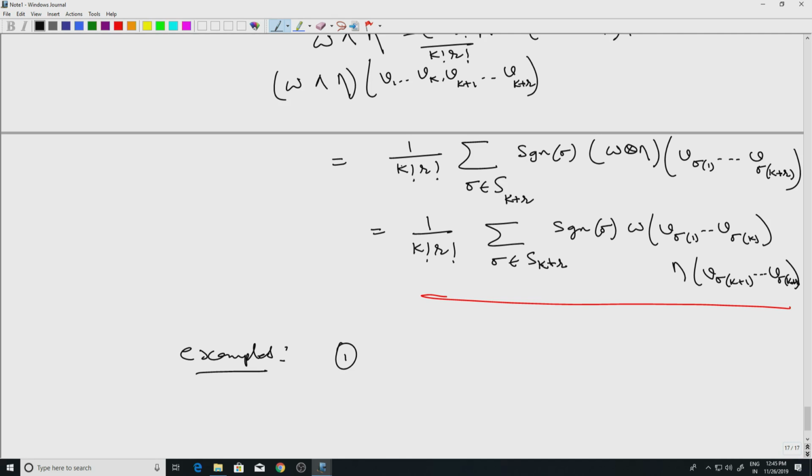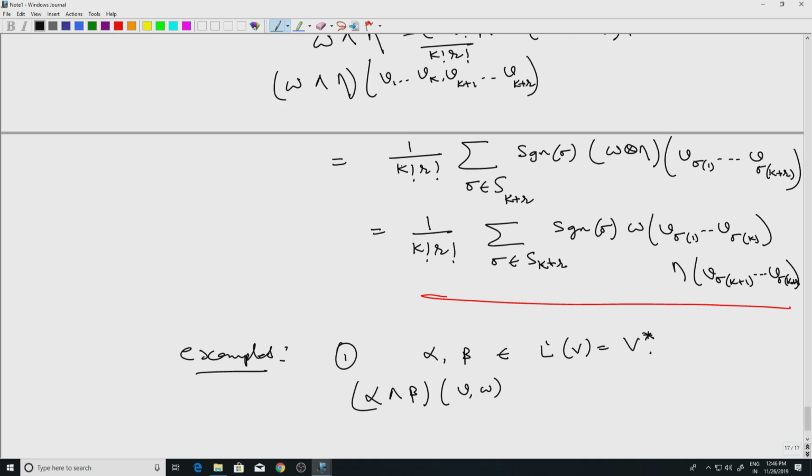Let alpha and beta be in L1V, which is V star. I'd like to see what alpha wedge beta is. So alpha wedge beta would act on two vectors. So this should be an alternating two tensor. And I want to see what this is.